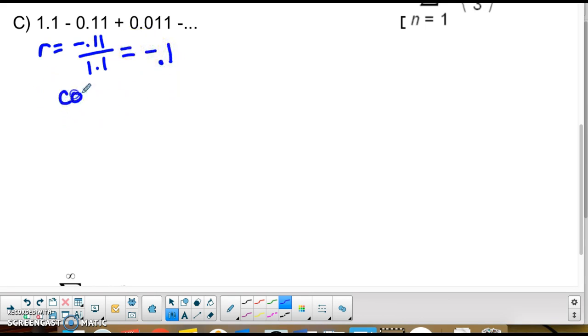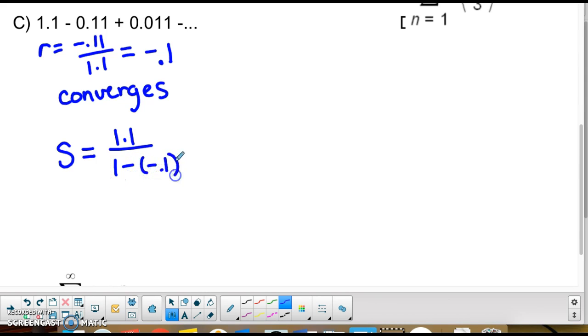So this one has an absolute value less than 1, so it converges. And to find that sum, we're going to use A1, which is 1.1, divided by 1 minus -0.1. So that's essentially 1.1 divided by 1.1. So our sum is 1.